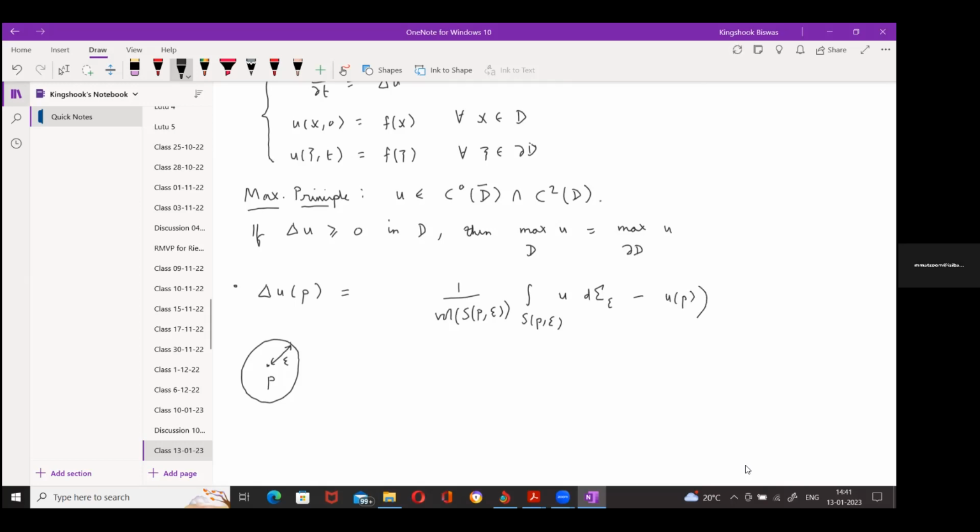If you take this and you divide by epsilon squared, then this will converge to 1 over 2n times the Laplacian, where n is the dimension, in Rn, as epsilon tends to 0.